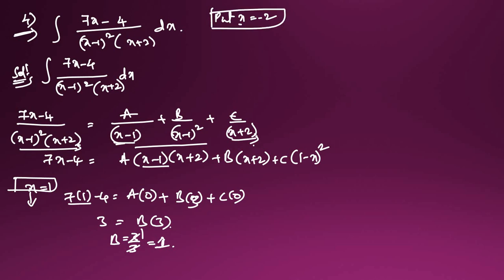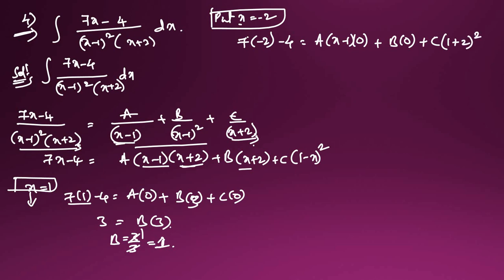Okay, so it will become 7 into minus 2 minus 4. Why am I taking minus 2? Because we have to cancel these things and get the C value here. A into (x minus 1) into (x plus 2) becomes 0, plus B into 0, plus C into (minus 2 minus 1), whole square, which is minus 3 whole square.